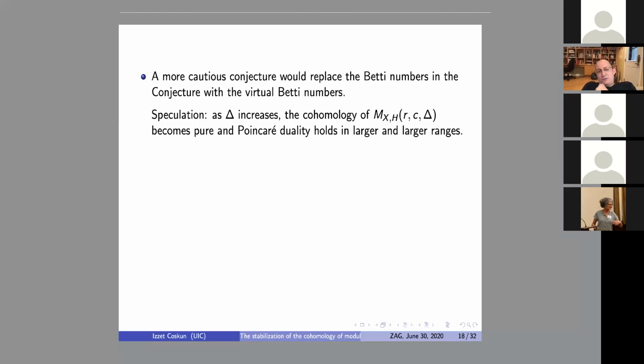Part of the speculation is that as the discriminant increases, the cohomology becomes pure and Poincaré duality holds in larger and larger ranges. We do know that the codimension of the singular locus grows, but I'm not sure that we have so much evidence for this.